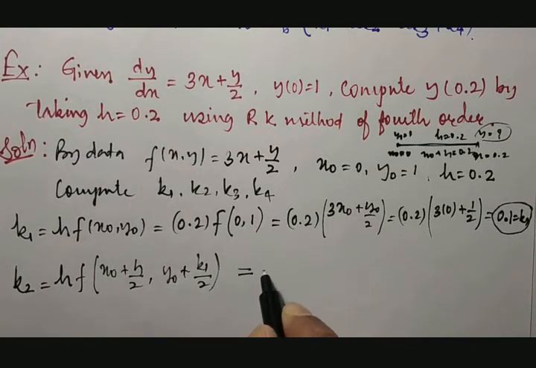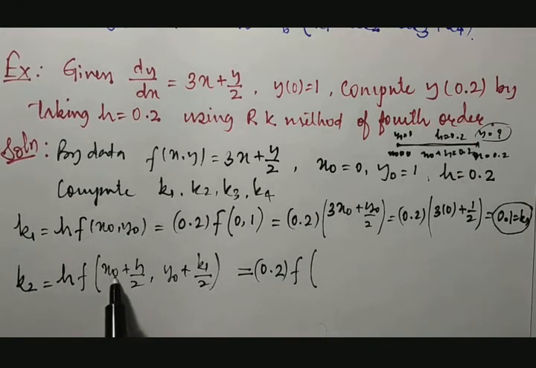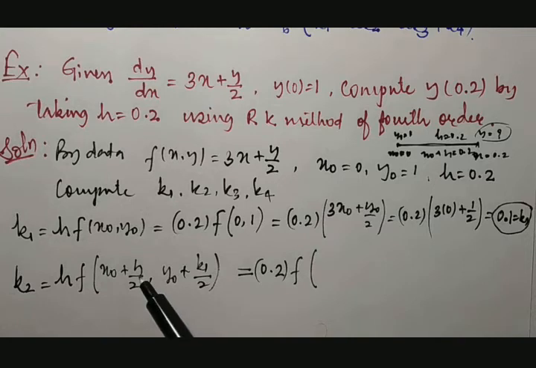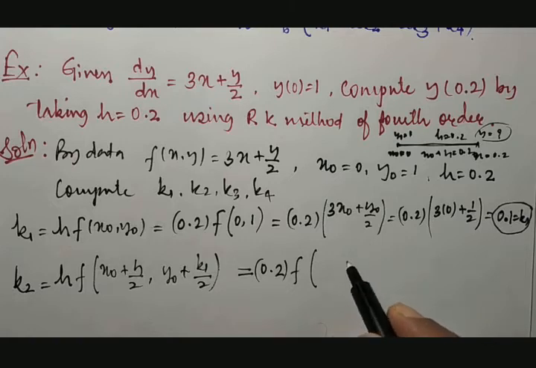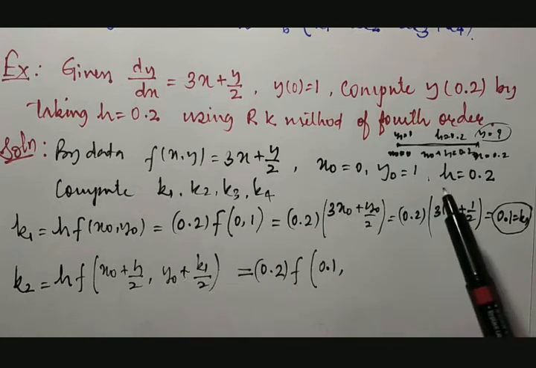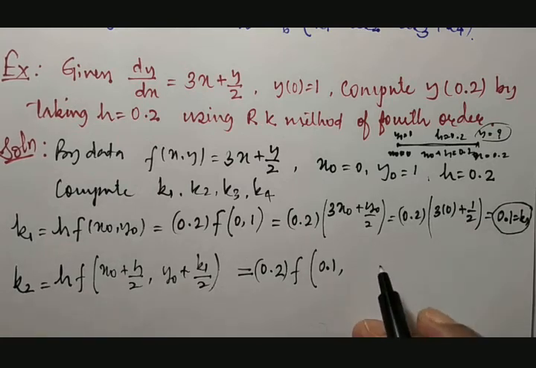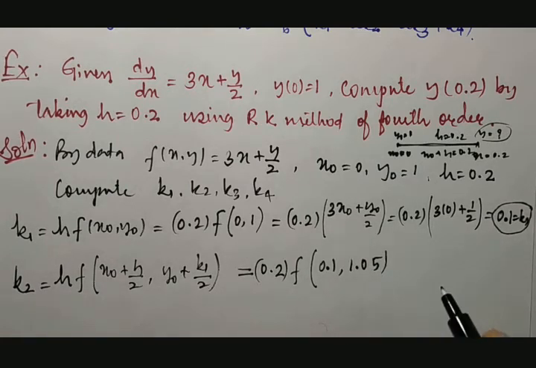Therefore, this becomes 0.2 into f of 0 plus 0.2 divided by 2, which is 0.1, comma, y naught is 1 plus K1 is 0.1 divided by 2, which is 0.05. 0.05 plus 1 will be 1.05.